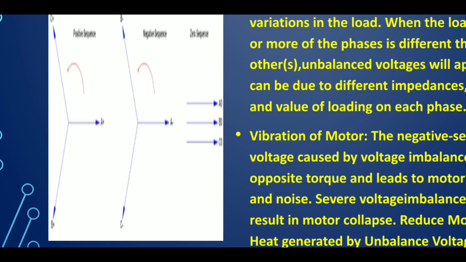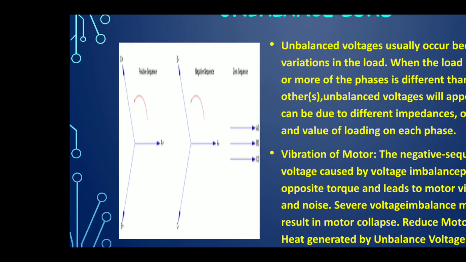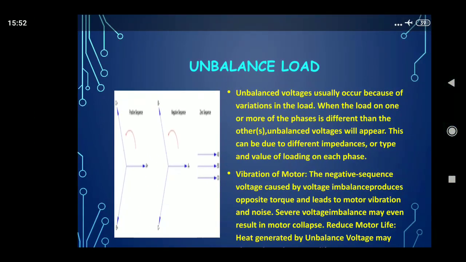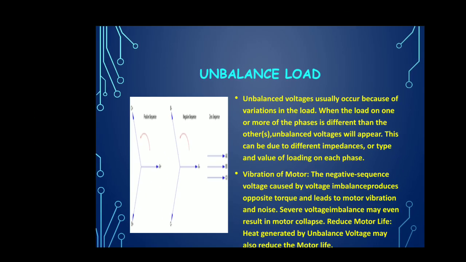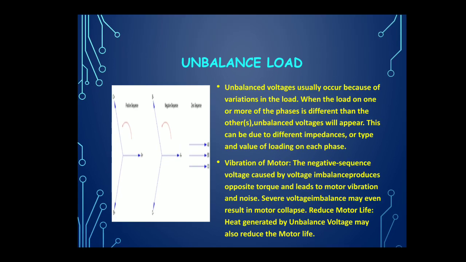In that diagram, we can see the negative sequence is also anti-clockwise, but the value of the voltages is negative. So if we consider the value of the voltages as positive, then the sequence is clockwise in direction. So the direction of the sequence is changed, and due to that the motor vibration occurs, because the direction of torque is also changed. So that is the unbalanced load.